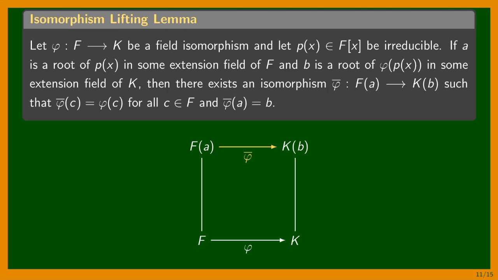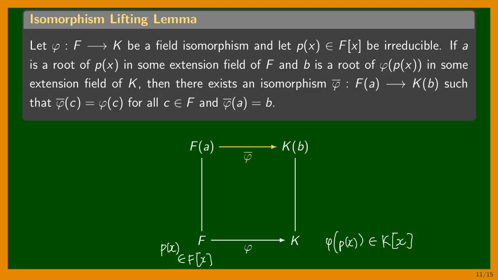If A is a root of P of X in some extension field of F, and B is a root, di ba may P of X ka dito? Right? Yeah. Nandito yung phi of P of X. Parang in-apply mo yung phi sa mga coefficients ng P to get another polynomial over K. Okay? Ito nasa K[X] na ito.